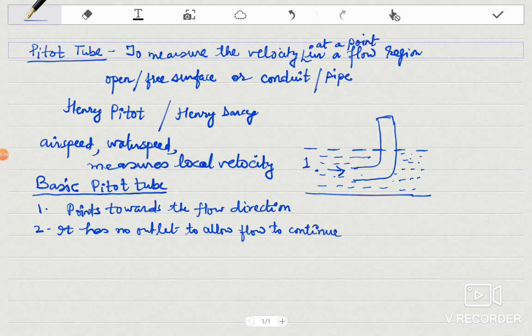It simply means there would be a point in this tube where the velocity of the fluid will come to 0. We consider a point 2 here at the same level, such that from 1 to 2 there is one streamline going.